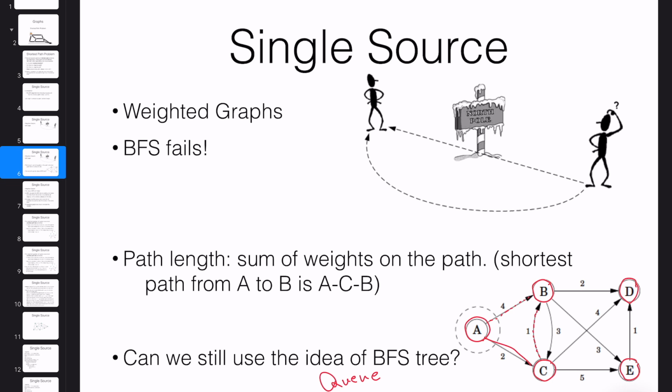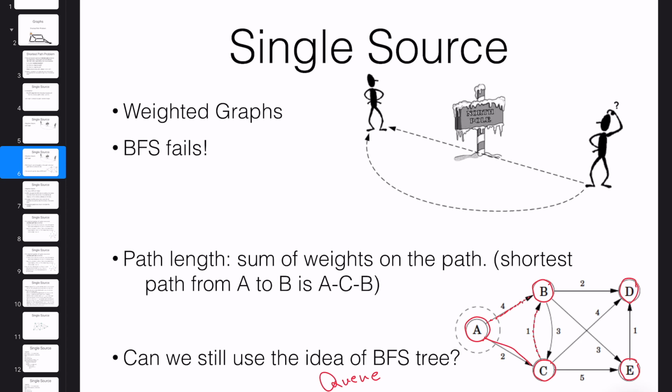So we keep some number which shows the distance from the starting point along with each node inside the queue. So for B, you will keep a value like 4 that shows the cost of this edge that connects B to A, right?